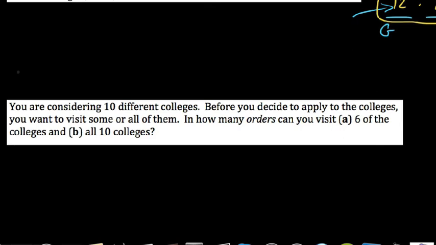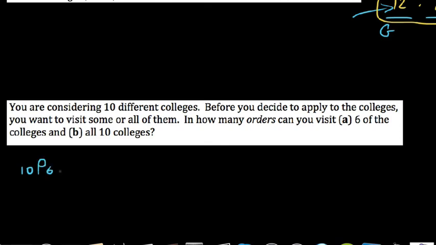So in the first instance here, we say, in how many ways or how many orders, this is important, permutation means order, how many orders can we visit 6 of the colleges? Okay, so the first thing we're going to do is this. We're going to say we have 10 colleges total. We want to rearrange or see how many orders we can put 6 of them in at a time. So this is 10 objects, 10 colleges, permuting 6 of them at a time.